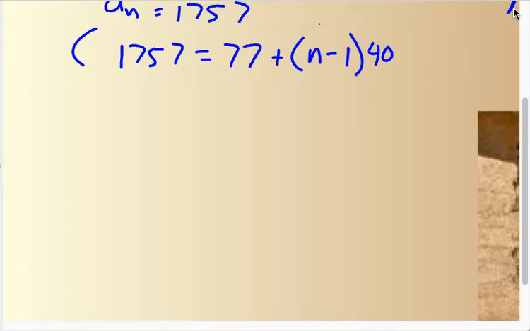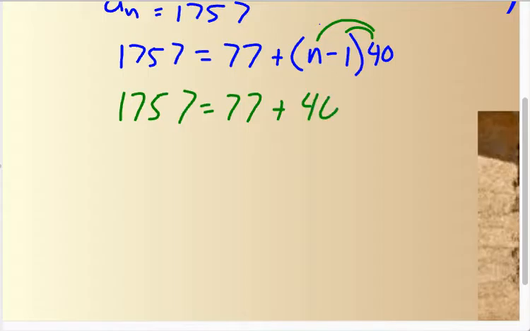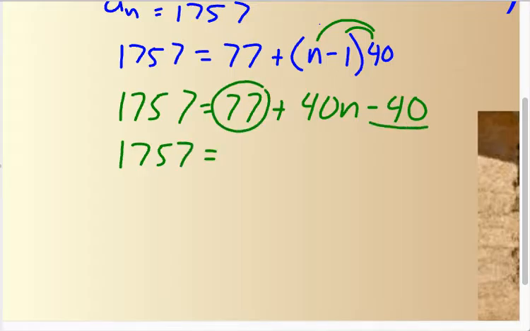Okay, we're going to use the distributive property first. 1,757 equals 77 plus 40n minus 40. 1,757 equals, the 77 and the negative 40 are going to add up to 37, plus 40n.